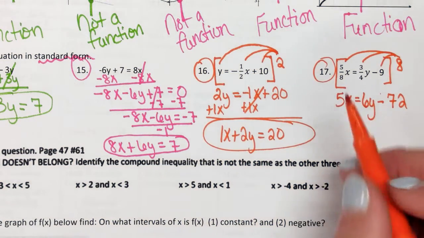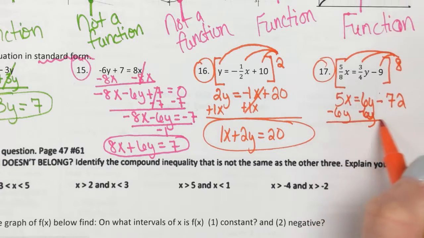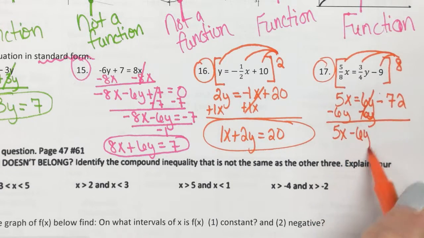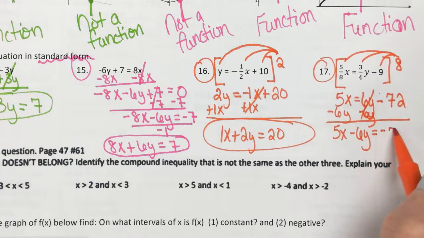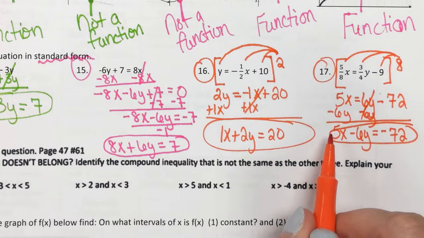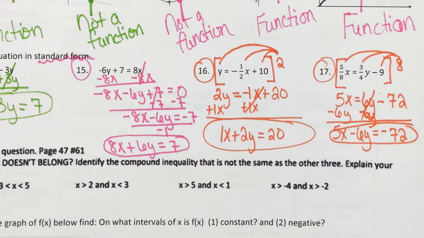Okay? Minus 6y, there you go. So you get 5x minus 6y equals negative 72, okay? No negative leading. The only one I care about being negative is the leading one, right? No fractions. And what's the only number that goes into 5, 6, and 72? 1. There you go.